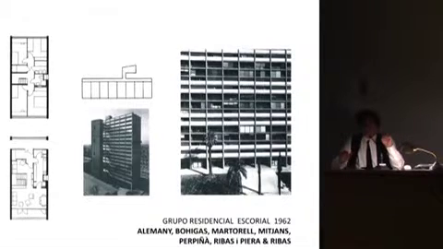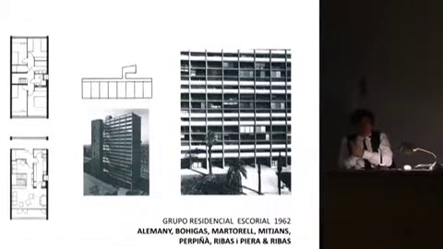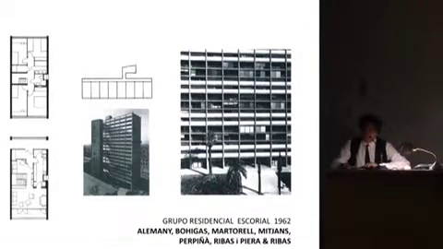Escorial. It's another project of innovation and research, because it's the same as in the case of Mombau, but in this case, the architects were closely related to architectural culture: Rivas de Piera, Oriol Boigas, Martorell, Pep Alemany, Perpignan, younger architects.